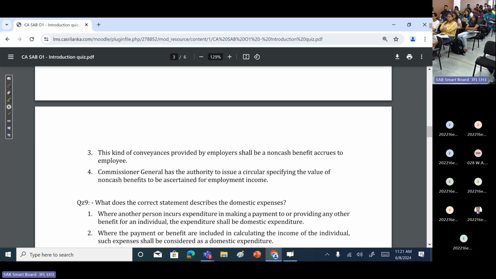So there may be a situation where an employer can give some benefit, but it is not part of his employment income because it is not a reward for the service. Right? A simple example: these days, you know what the flood situation is.